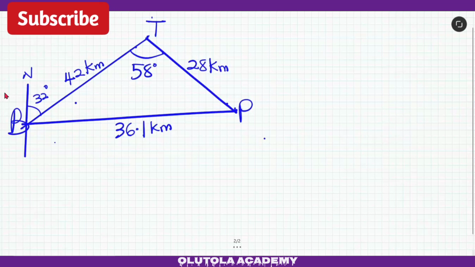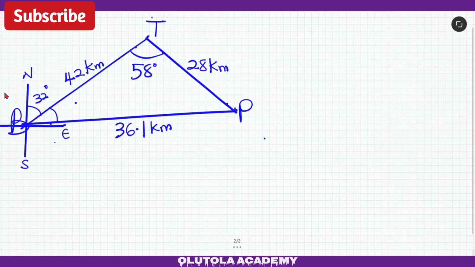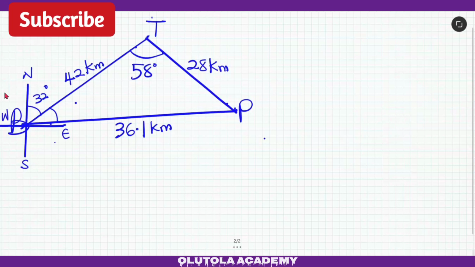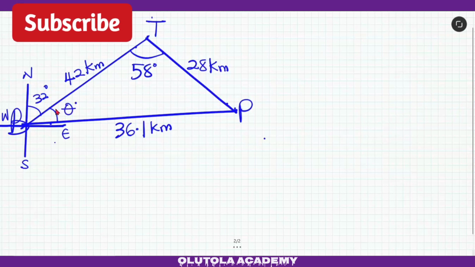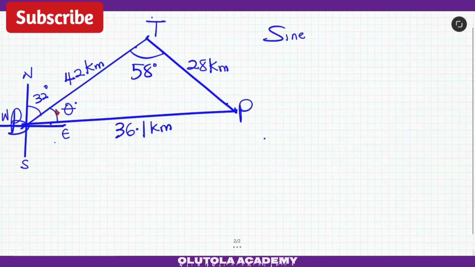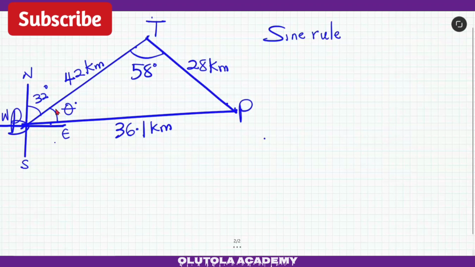Then what we need now is this. This is east, this is south, and that's west. So what we need to find now is this angle. Let me call it theta. We use the sine rule to do that, and the sine rule is used for getting angles when the side is known.